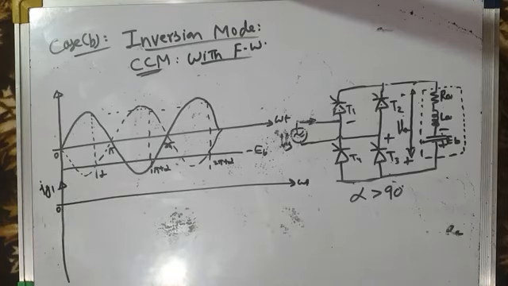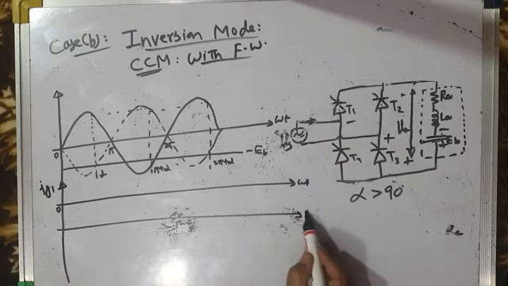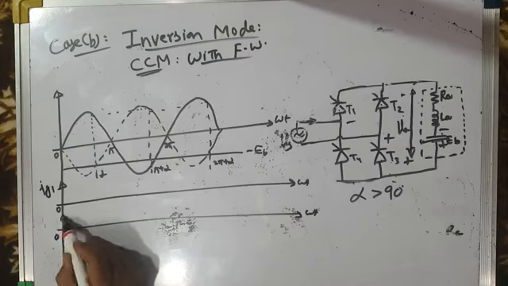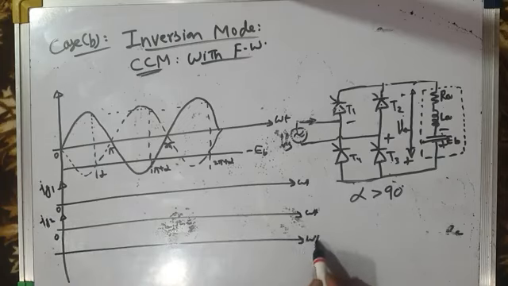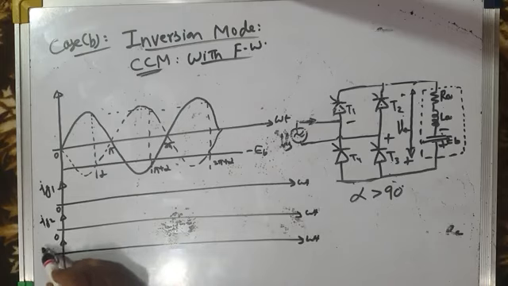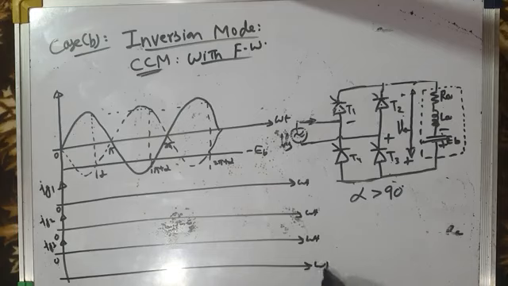This is IG1, the gating current pulse for thyristor T1. IG2 is the gating current pulse for thyristor T2. IG3 is the gating current pulse for thyristor T3. And IG4 is the gating current pulse for thyristor T4.